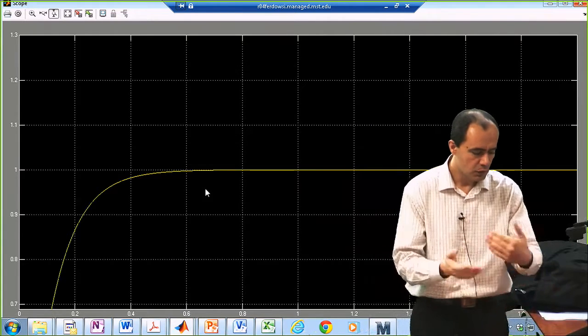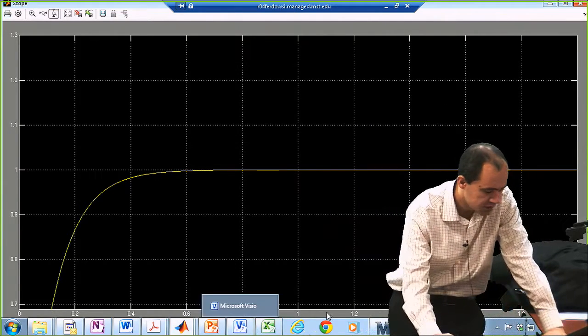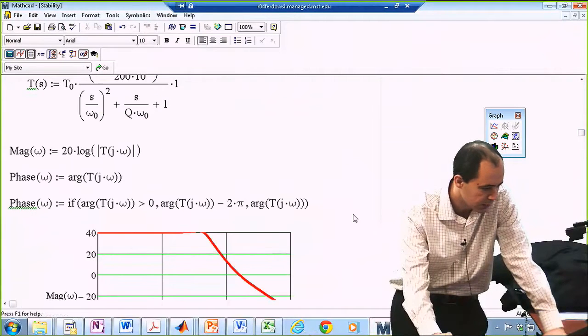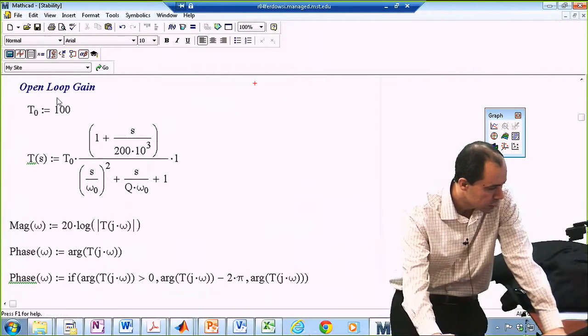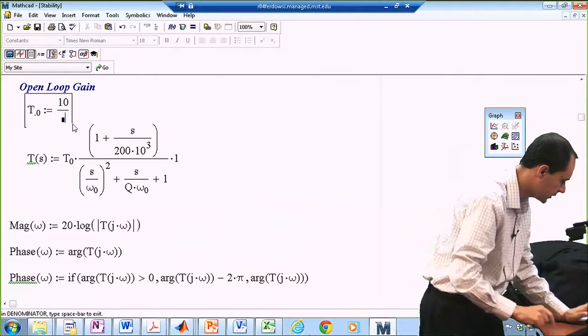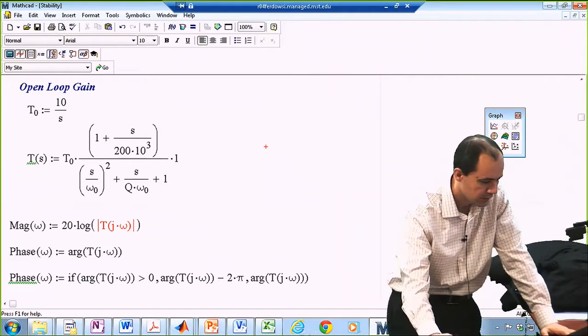So if I want to go back and try to justify what I saw using these Bode plots and looking at my loop gain, so now my gain is basically 10 over S, right? Now let's see.